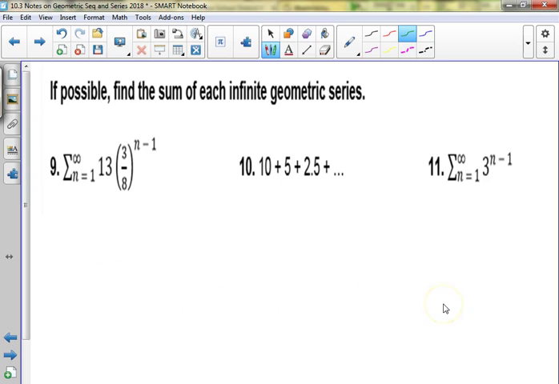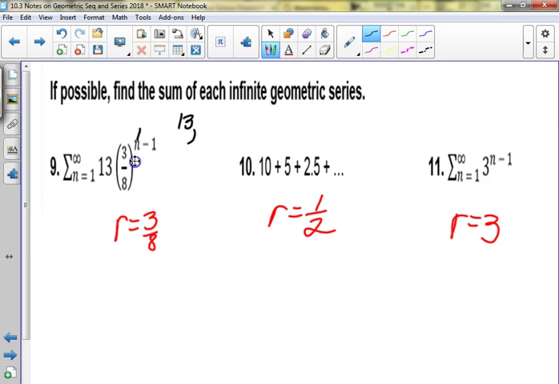All right. These are supposed to be infinite. So the question is, what's r? R is 3/8. What's r on this one? 1/2. What's r on this one? R is 3. They're going to multiply by 3 again and again. So if you weren't sure, guys, if you put in a 1, you would get out 13 on this one.